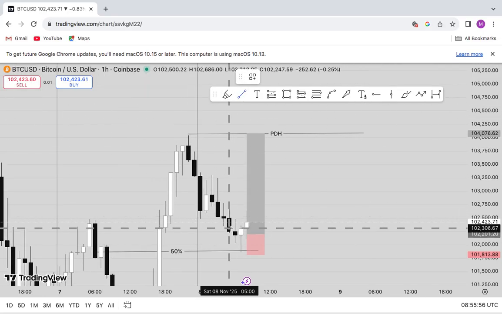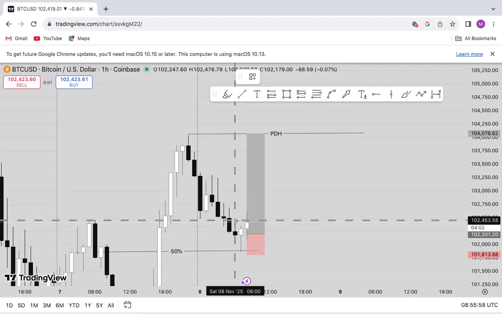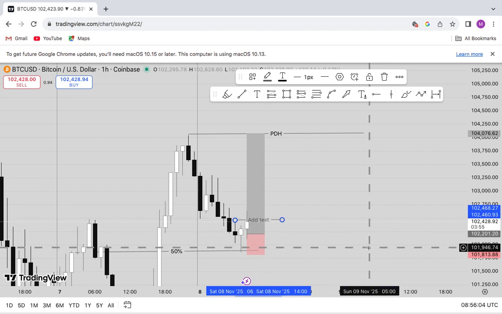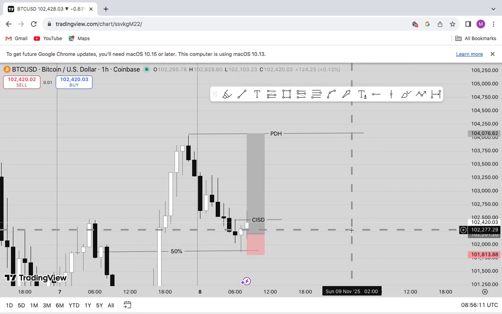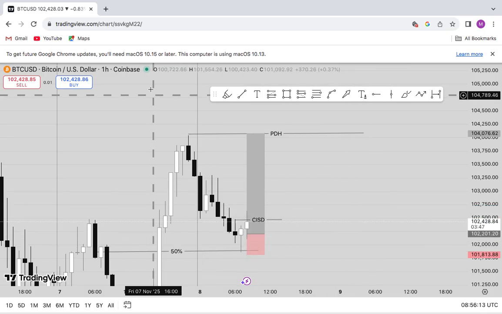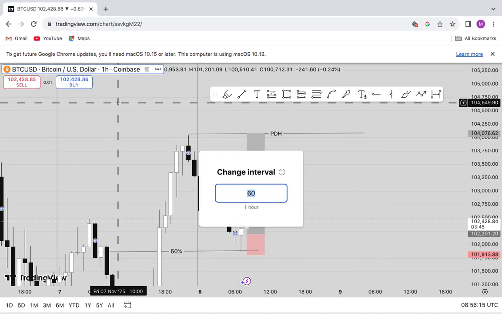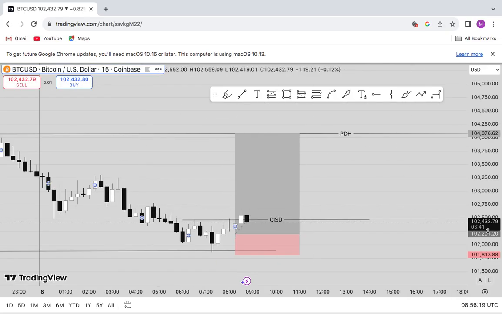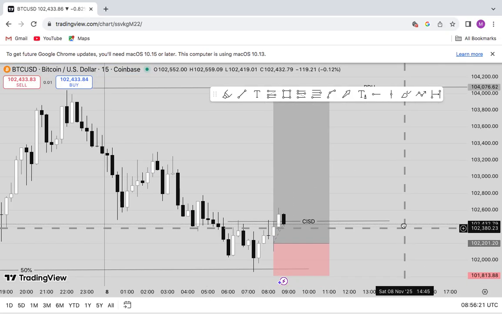So I want to see this close above here. Seeing a close above here, this will act as a change in the state of delivery, and once you see that change in the state of delivery, if you come to your 15 minutes, you're definitely gonna have a good entry.